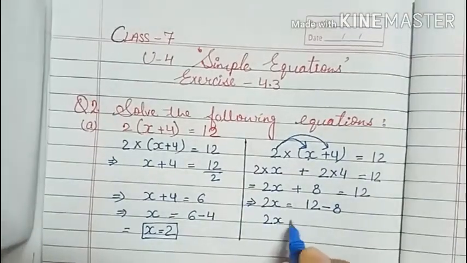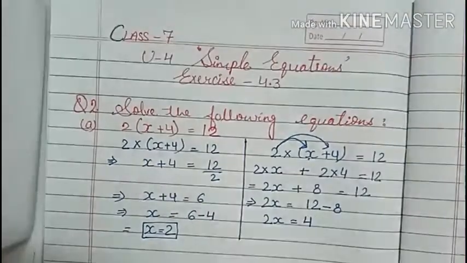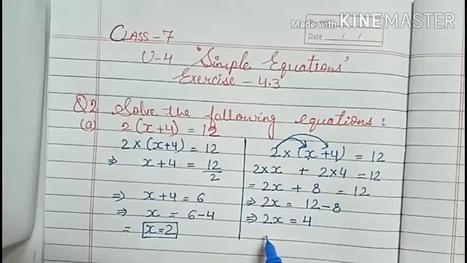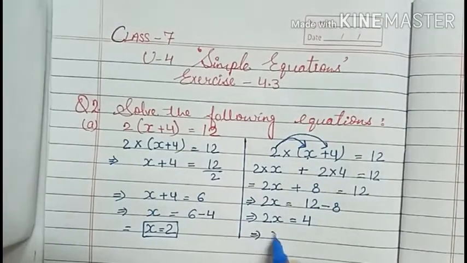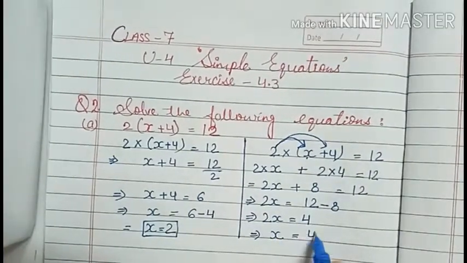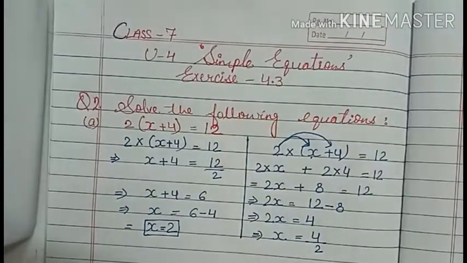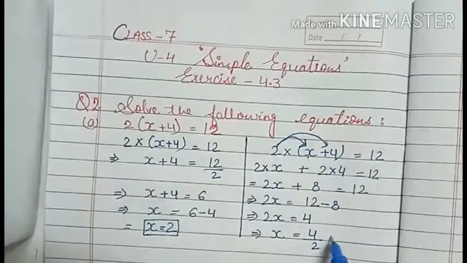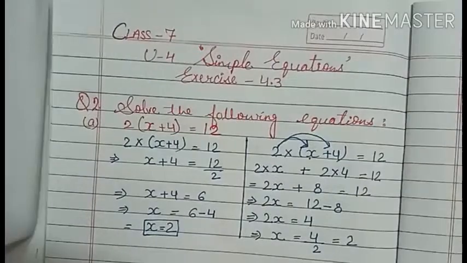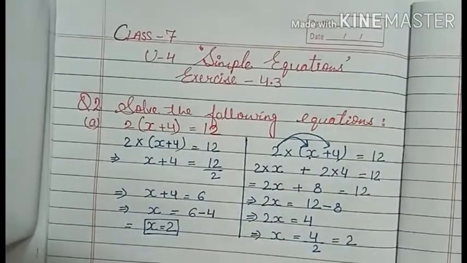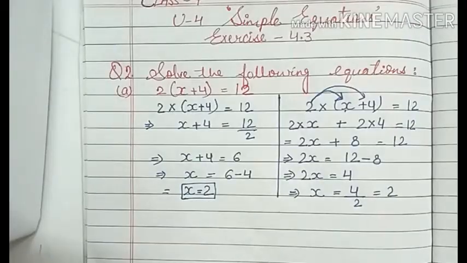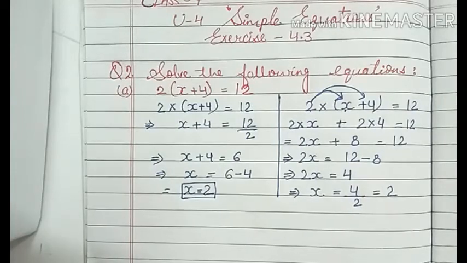So 2x is equal to 12 minus 8, that is equal to 4. Now we will transpose this 2 to the right hand side and we will get 4 upon 2 equal to 2. So this is one more way to solve the equation. Both ways you must know and practice.